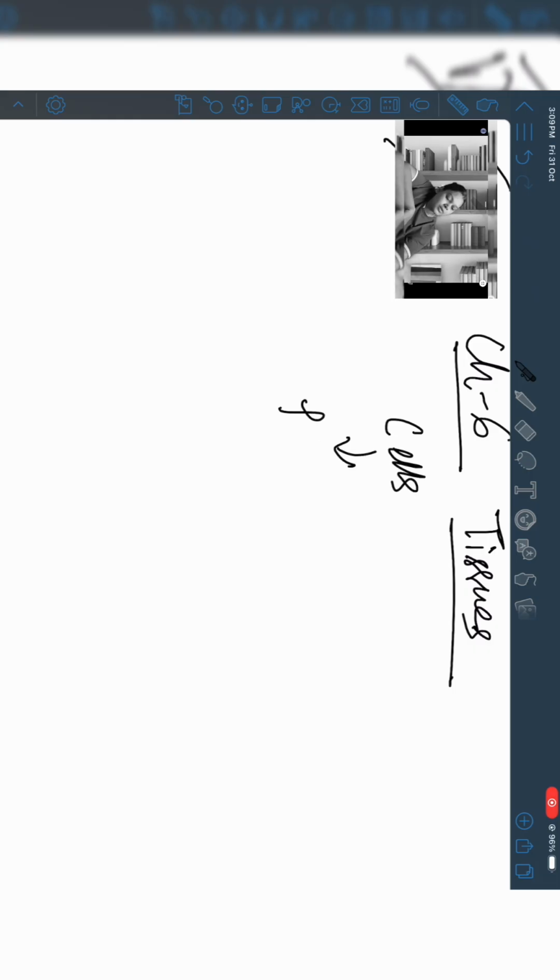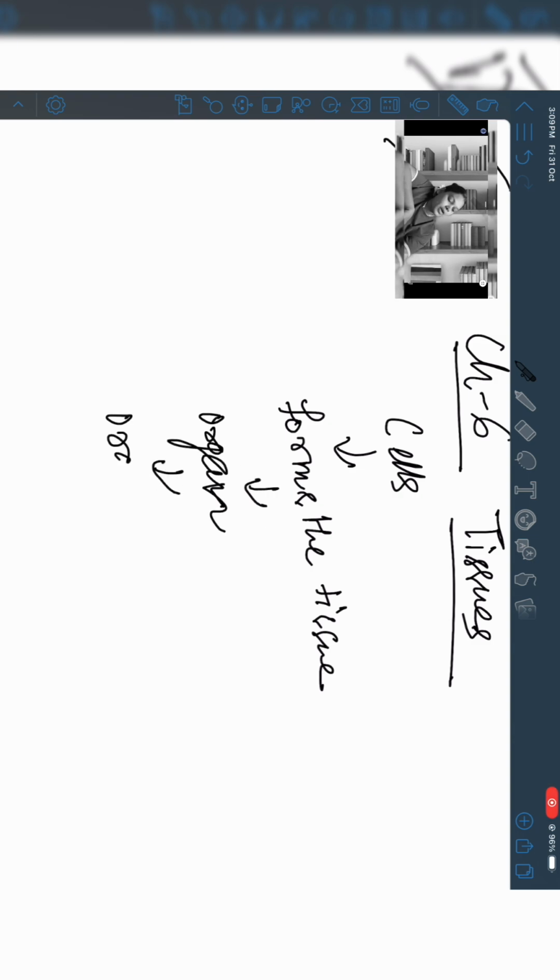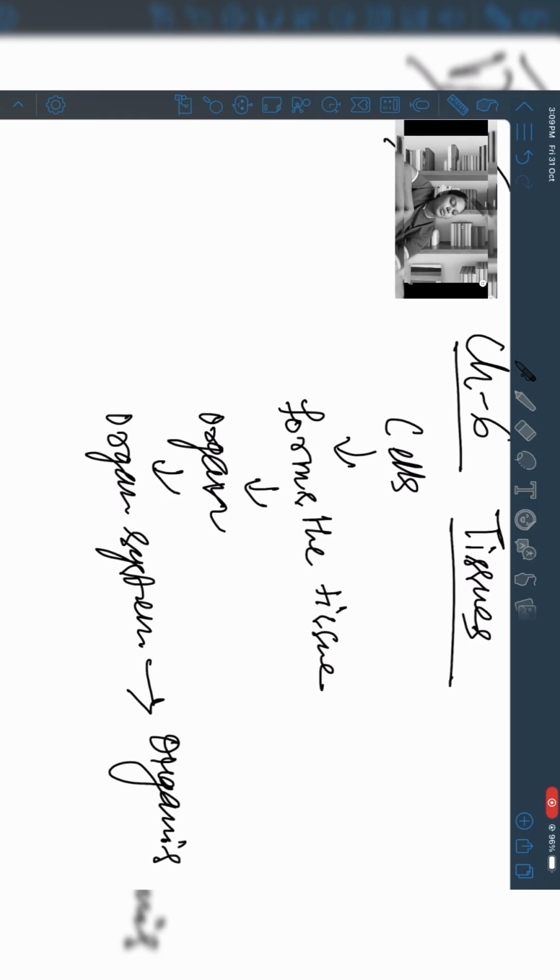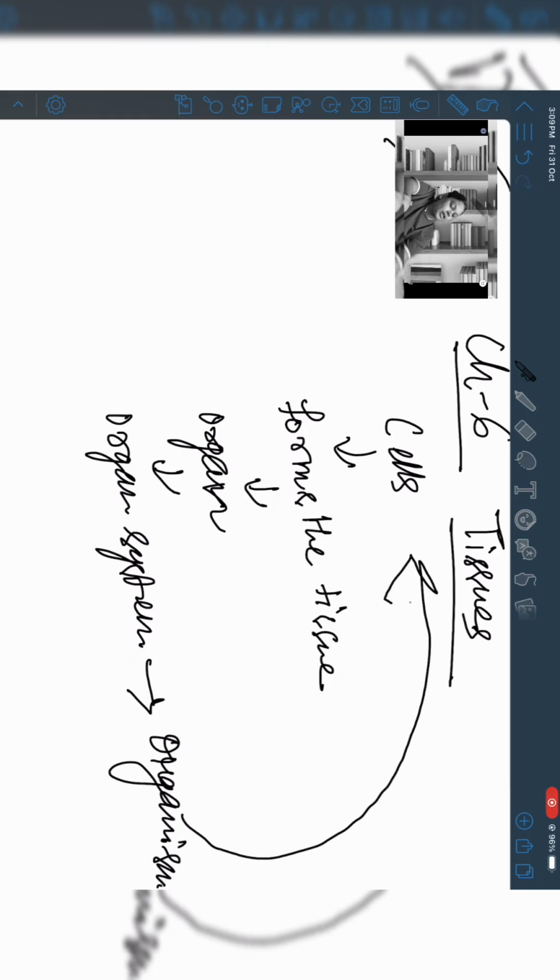Tissue forms organ. Organ forms organ system, and organ system contributes to form an organism. So how do we get an organism? Of course, the starting would be from a cell. Then comes the tissue. Then the organ, forming the organ system. Then lastly, an organism. As we know, we humans are also a living organism.